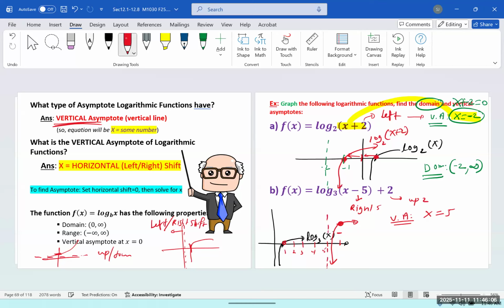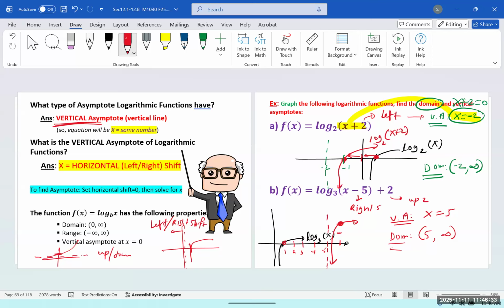This is the line you cannot cross. That tells us our domain. What's the domain? 5 with a parenthesis. The lowest you can get close to is 5, but you cannot touch the 5. You cannot use your 5. So 5 to everything else.